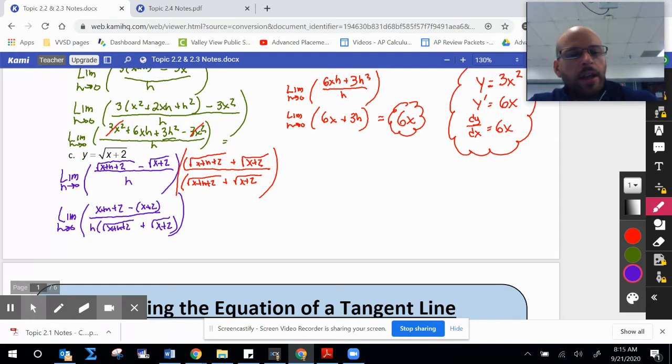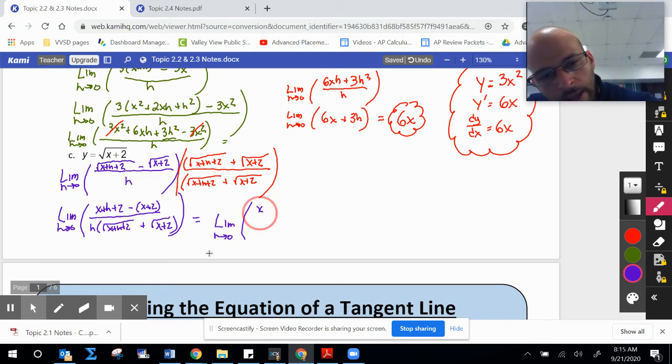Okay, and if we combine our like terms here, I get the limit as h goes to 0 of x plus h plus 2 minus x minus 2. I'm just trying to show all my work here, guys.